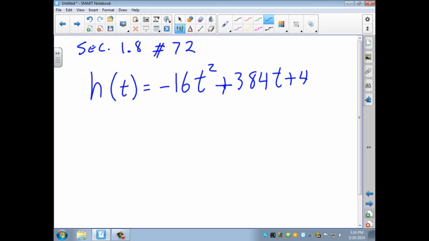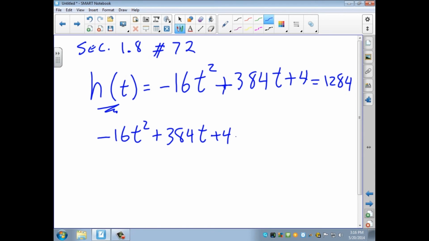So what you want is for this to be equal to 1,284, because this is the height, right? So you would have minus 16 t squared plus 384 t plus 4.